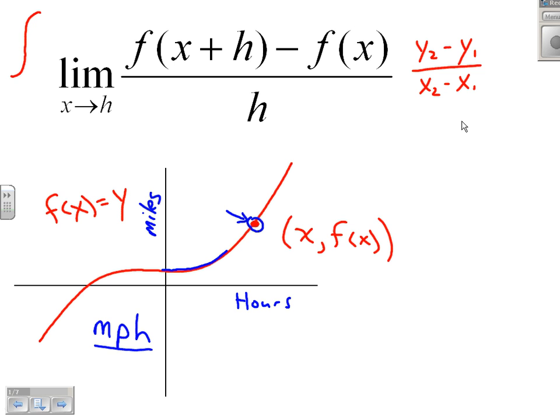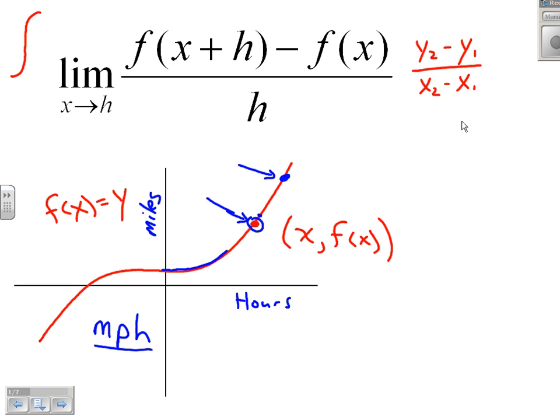The problem with that is I only have one coordinate, and I know if I choose another point on the line, say right here, I now have two coordinates, and I could go ahead and find the slope of those, but if it's not a straight line, I'm going to claim my speed in miles per hour at this point is faster than my speed back here. So what we'd want to do is choose points that get increasingly closer to here and continue to find the slope.